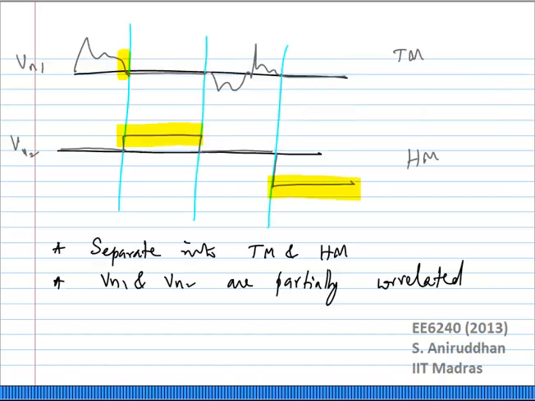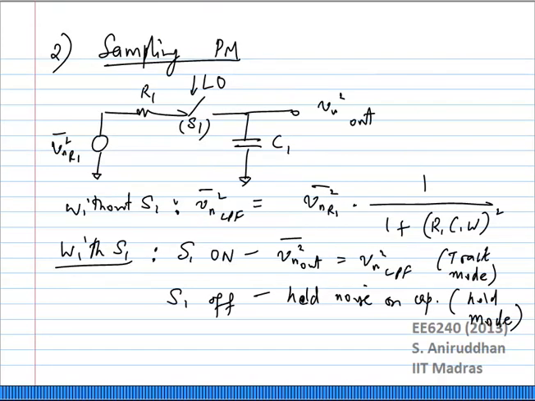So let us go back here. Let us say I am looking at this time instant. I have this particular previous sampled value, but the minute I enter track mode, this sample value needs to discharge. How long does it take? That depends on the R1 and C1 time constant. When the switch is on, do you expect that to be low or high?